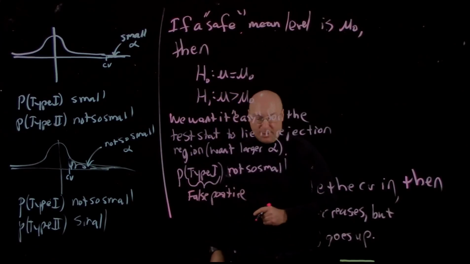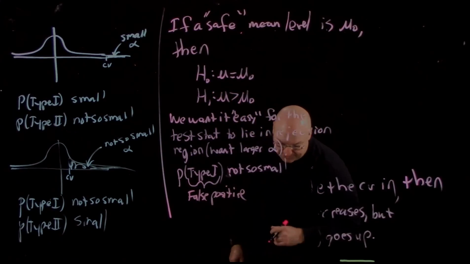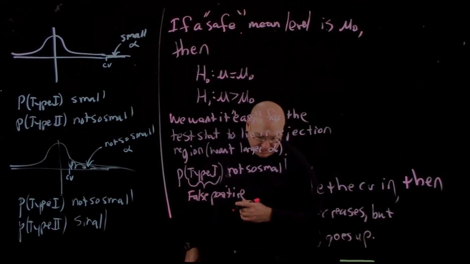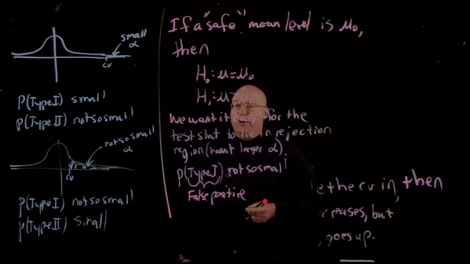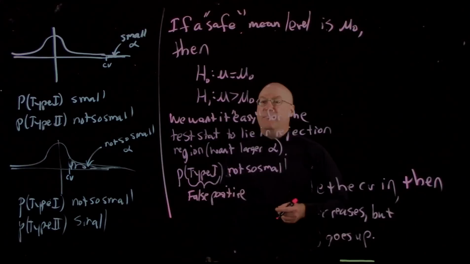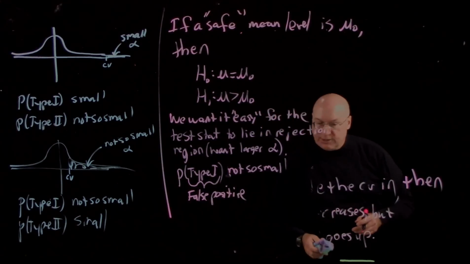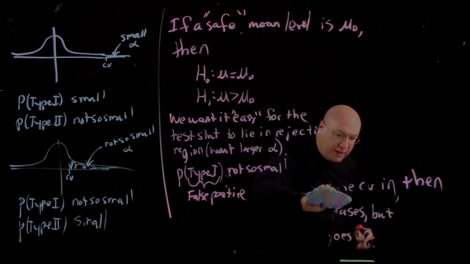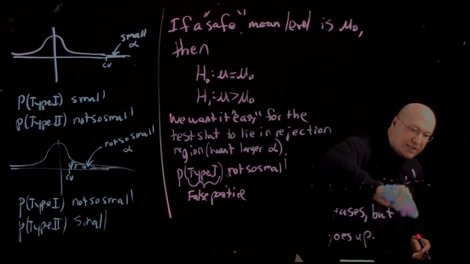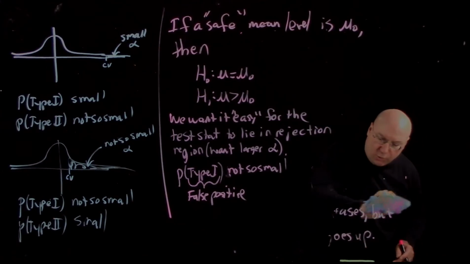But what's a type 2 error? The probability of a type 1 error is that we rejected the null when in fact the null was true.